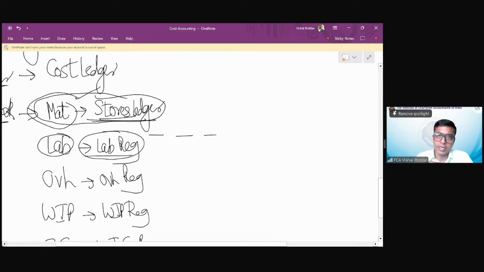It includes their attendance details, which is the timekeeping, if you remember. It includes how much time each worker has spent on each job, which is the time booking. Then accordingly, you make all the calculations labor-wise, and all the details are kept in the labor register.